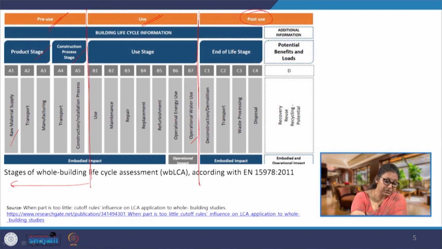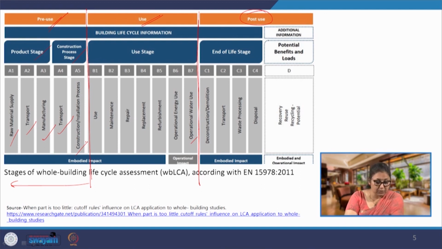So, there will be raw material supply, transportation to the manufacturing unit, then we have manufacturing, then transportation of the manufactured product to the site, and then installation or construction process on the site itself. So, this is all upstream stage of the building.